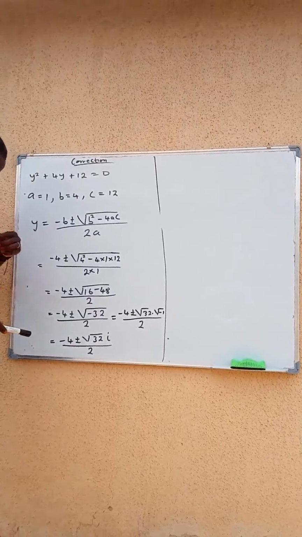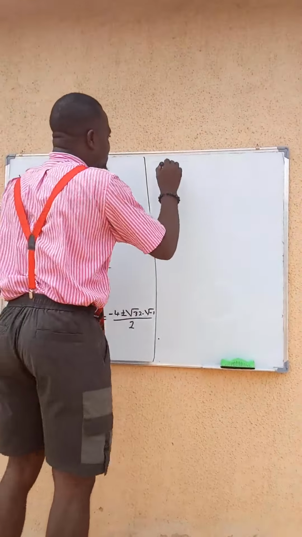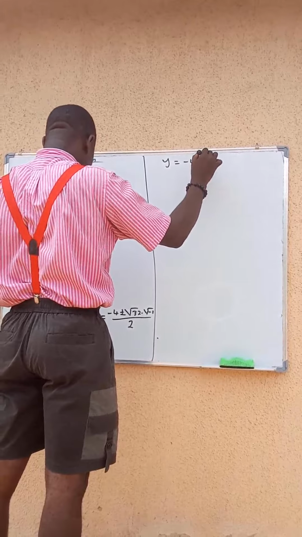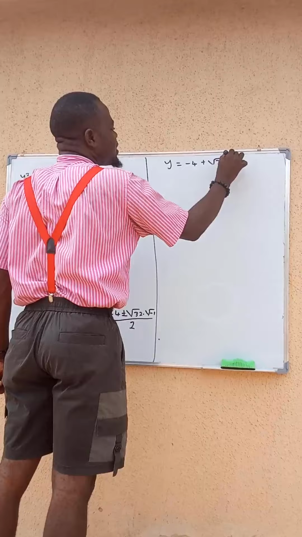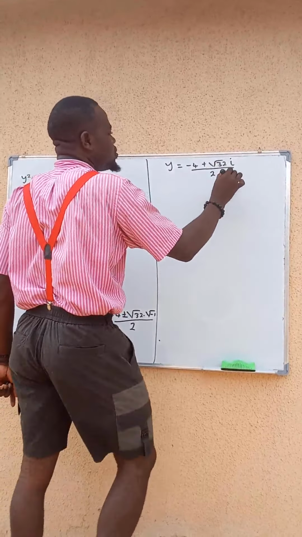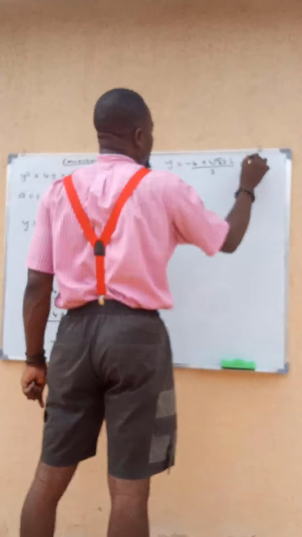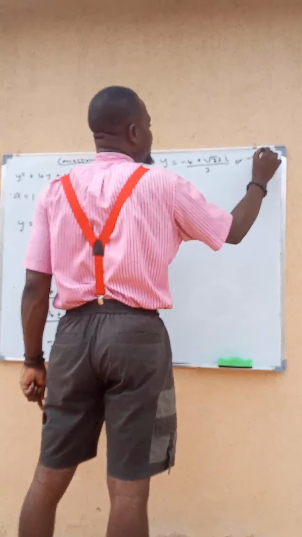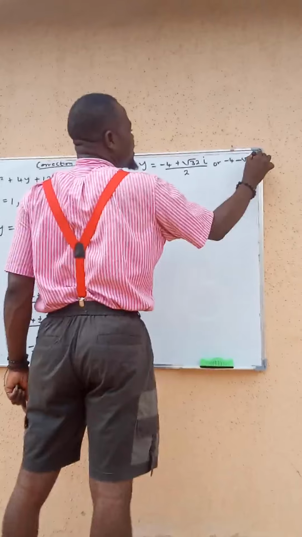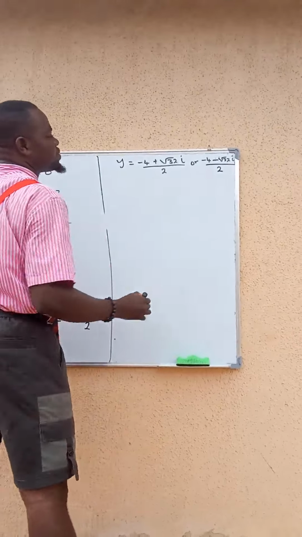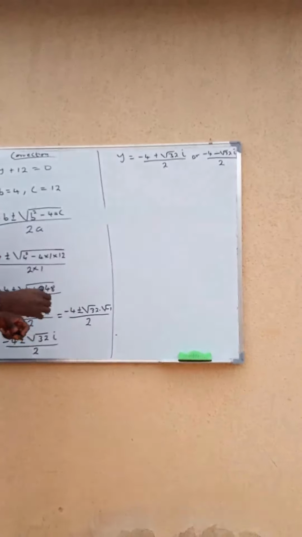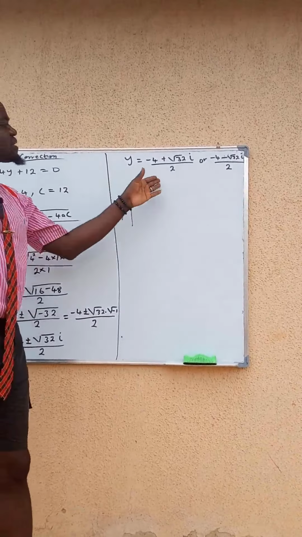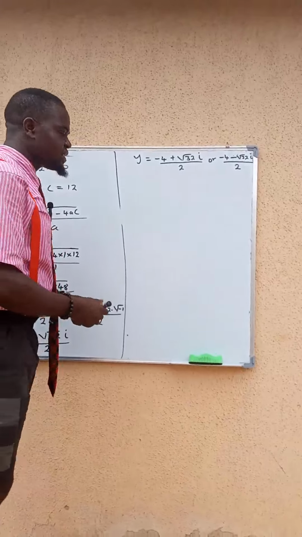So my y will now be equal to minus 4 plus root 32i over 2, or minus 4 minus root 32i over 2. These are the two values of y. That is y1, and you can call this one y2. But in this kind of math, we are not interested in the complex number. But let me just find the final answer first.